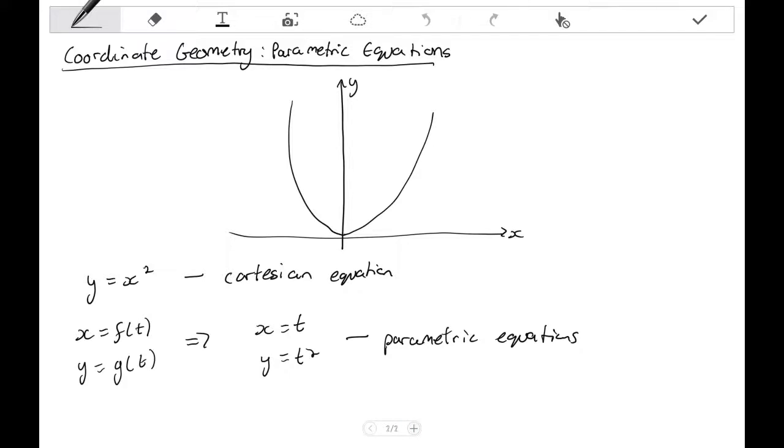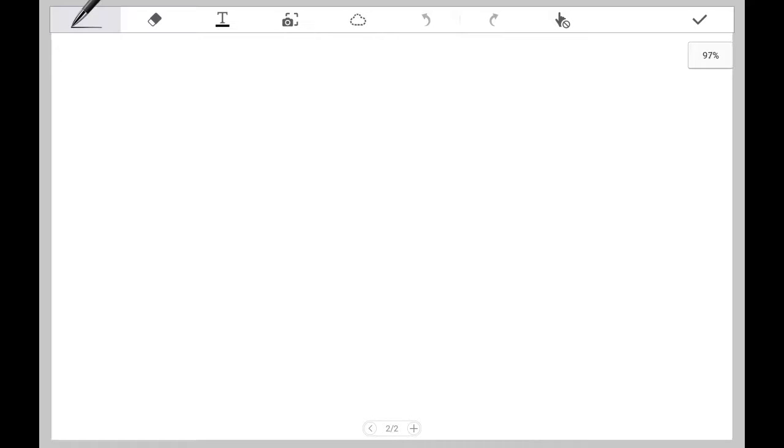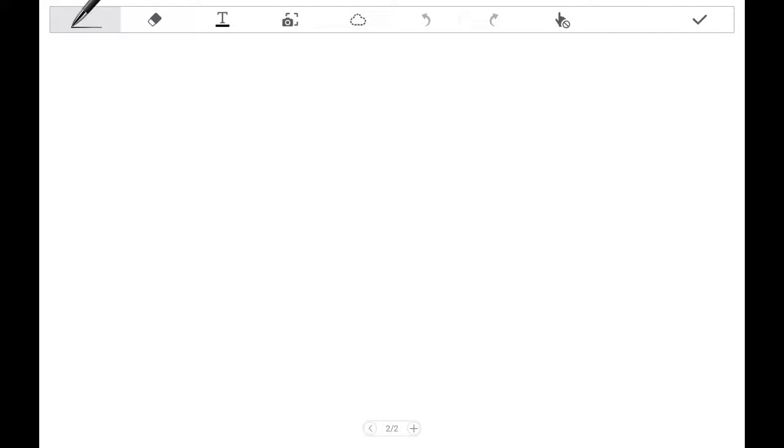Well, the first thing that we need to be able to do is plot graphs using the parametric form. So again, let's take the example that we've just looked at: x equals t, y equals t squared.